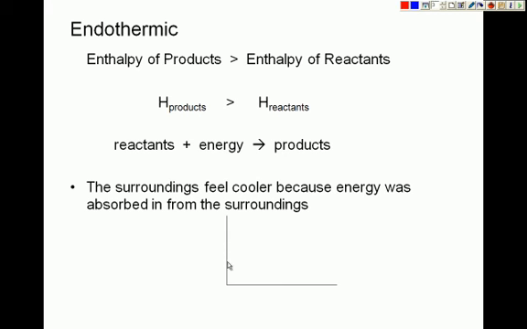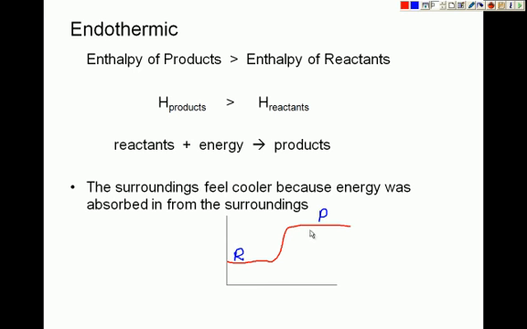So if we have reactants way down here, they absorb energy, increasing their enthalpy, and come up here and form some products. So this is your reactants, and this is your products.